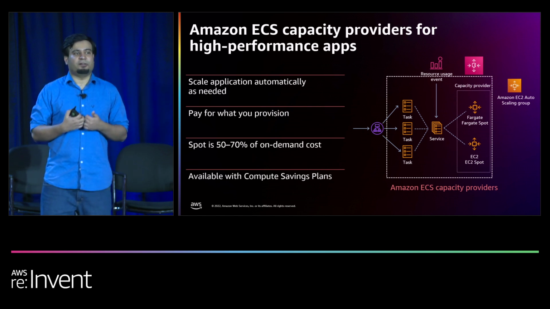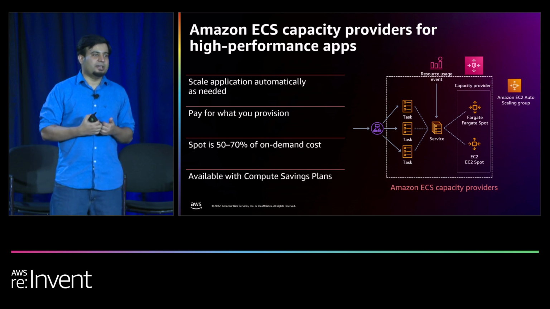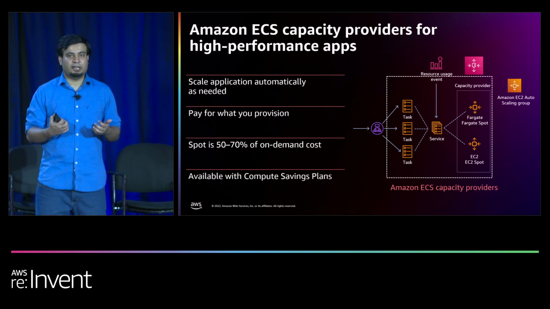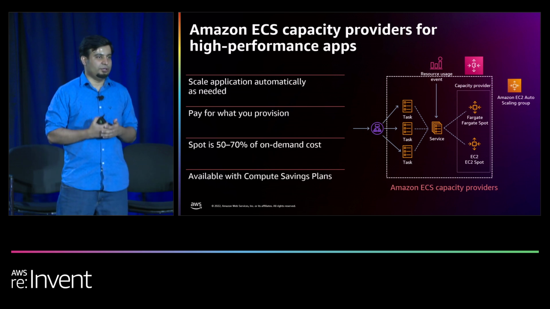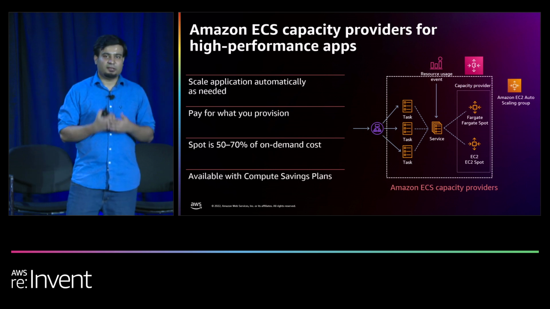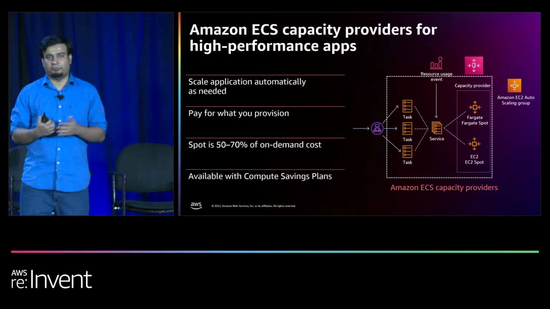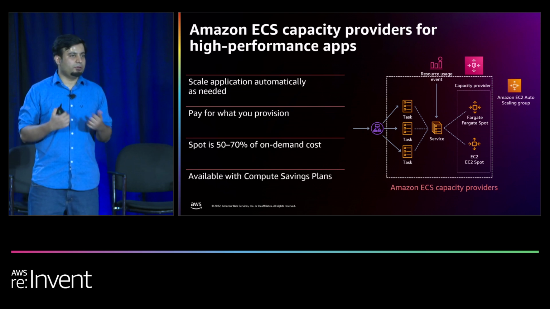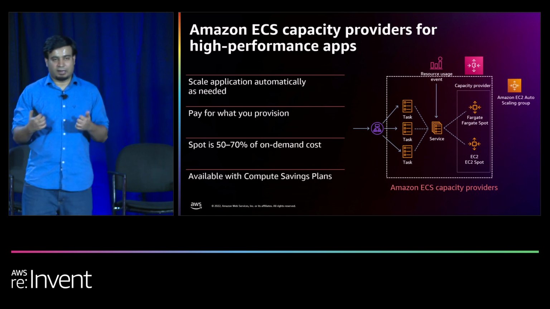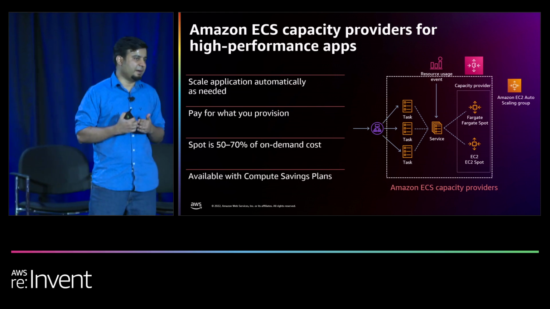But along with the deep customization, EC2 has a lot of compute capacity management concerns that our customers have to deal with. And capacity providers is a feature that we highly recommend our customers to use for that reason. Capacity providers is how we at ECS think about compute capacity configuration for all workloads. We have capacity providers for both EC2 and Fargate. For Fargate, the capacity provider for both Fargate as well as Fargate Spot is completely managed by ECS, and you just have to select that capacity provider.